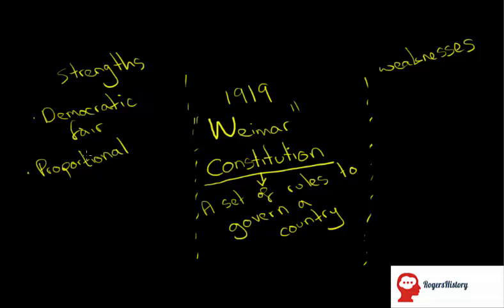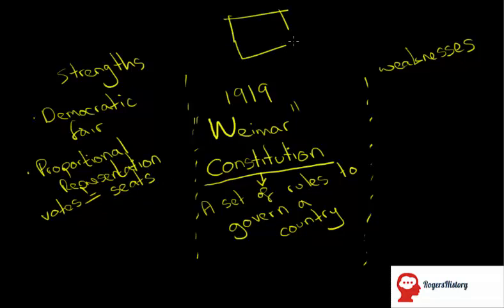If you want to have a look online at that yourself, it's a system that essentially means all the votes cast in the election equal the amount of seats. So to put it very, very simply, votes equal seats. Here's a picture of, I don't know, Parliament. Let's say there is 100 seats here. Let's say there's 100 people voting. 25 votes would mean that 25 of those seats would go to the Conservatives, say.